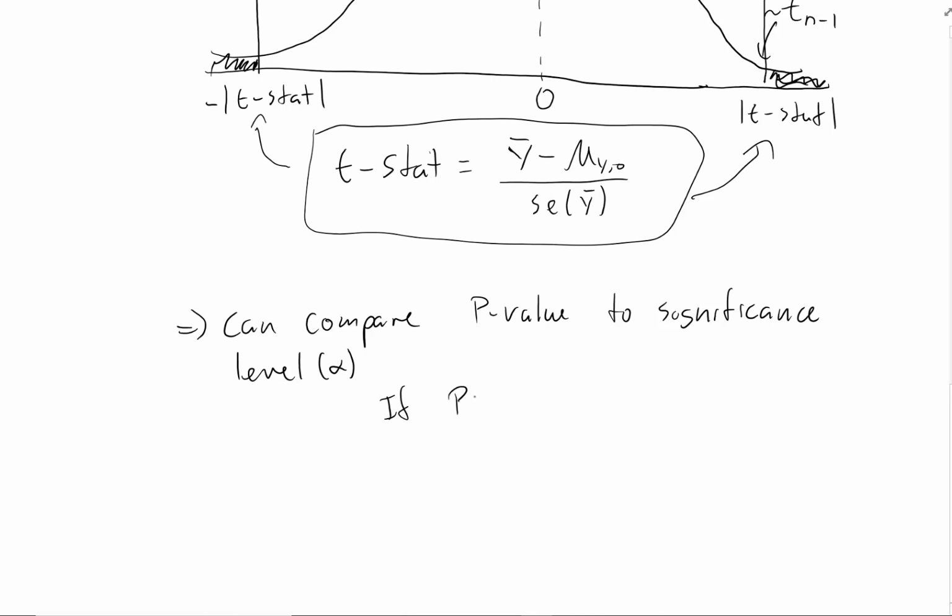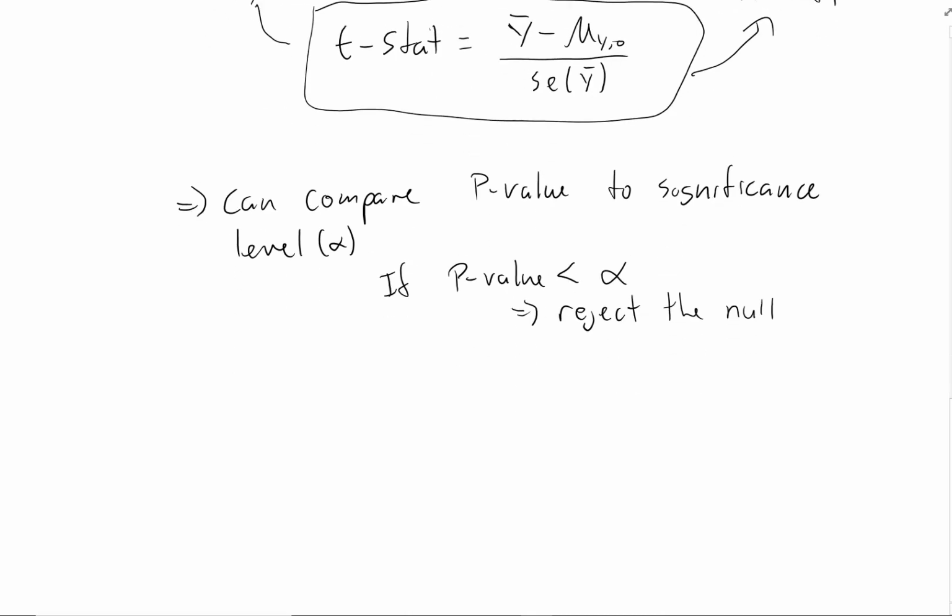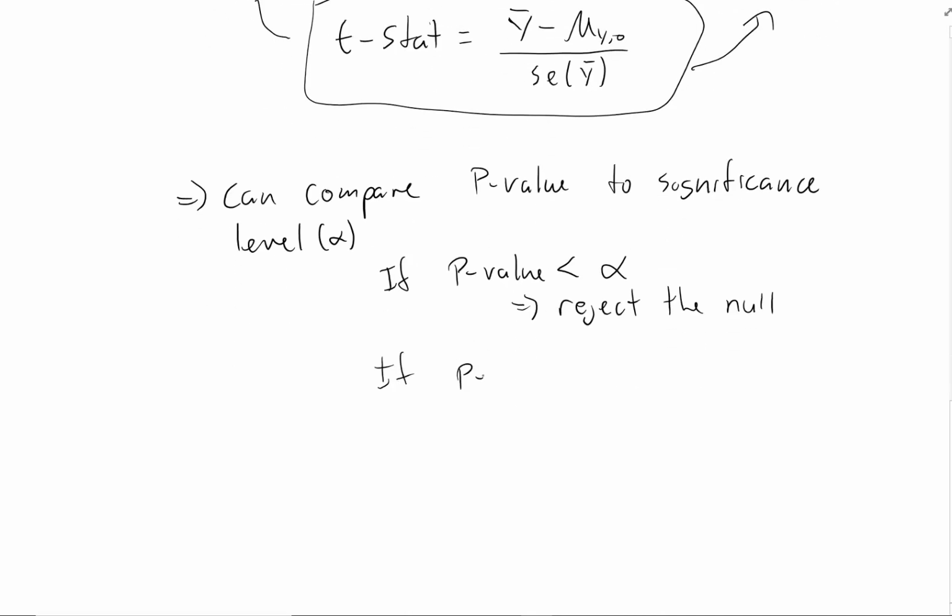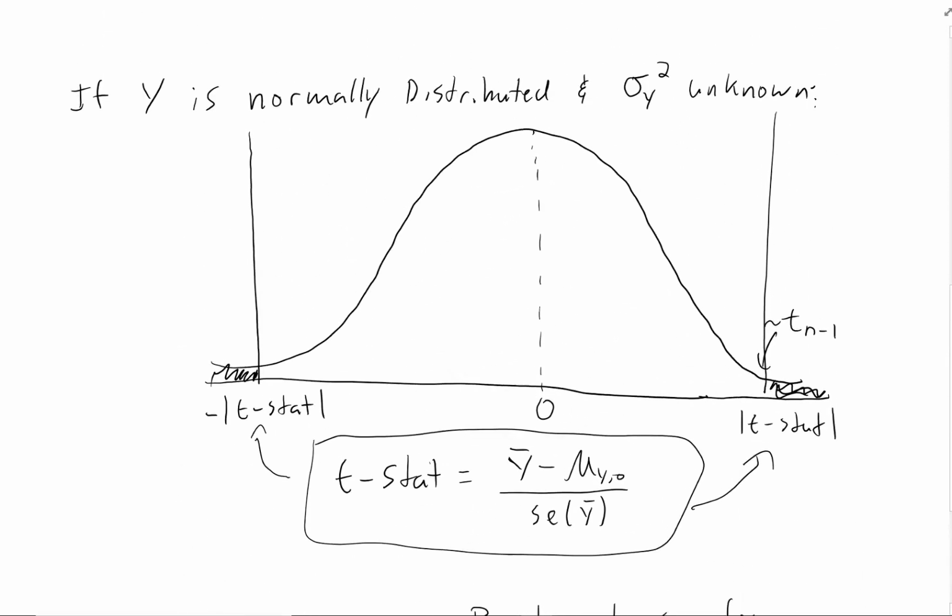If this p-value is less than alpha, we can reject the null. And if this p-value is greater than alpha, we fail to reject the null. So this is essentially what a p-value is.